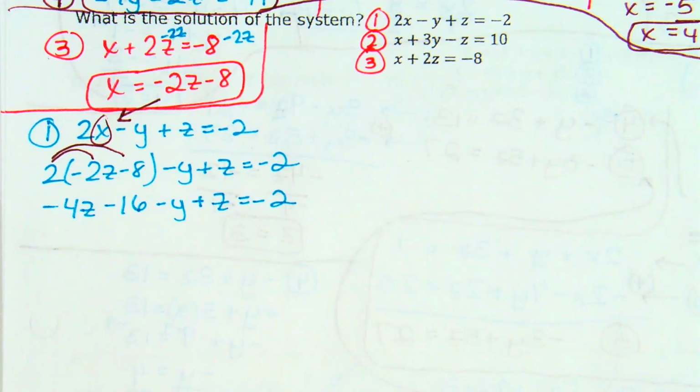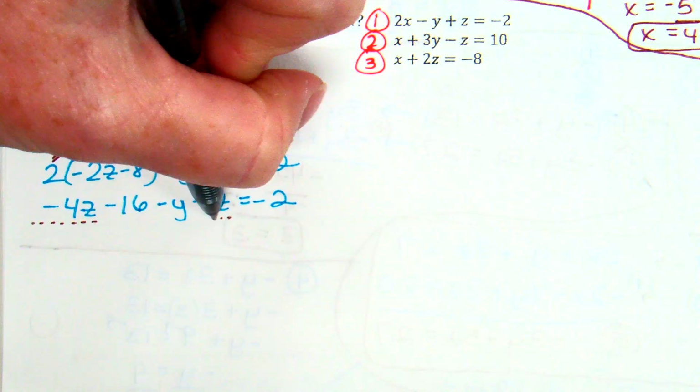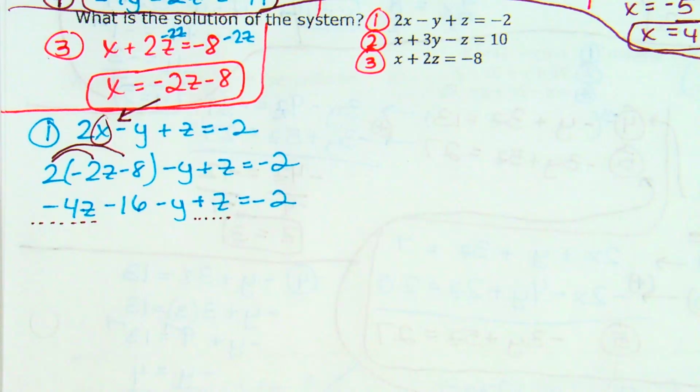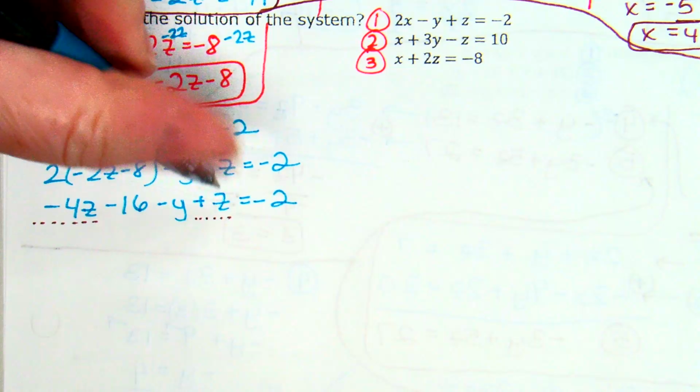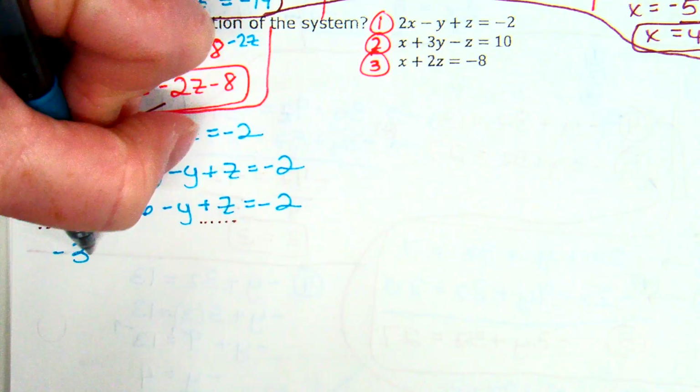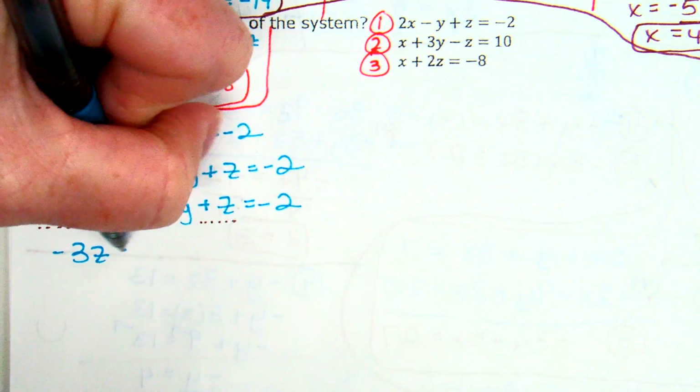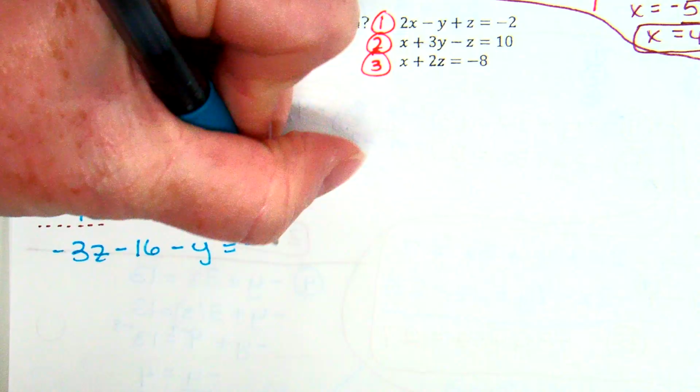Next step, I can combine like terms, clean up the z's. Negative 4z plus z is going to make it negative 3z. Still minus 16, still minus y, equals negative 2.